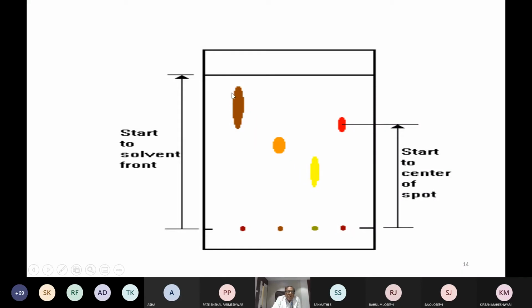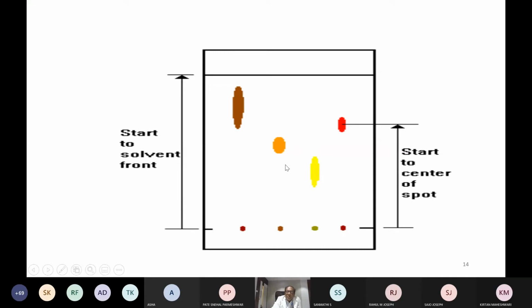Since your topic is amino acids only, we will refer to them as amino acids. They start moving from this part and get fixed, and they can be converted into visible spots by dipping the paper in ninhydrin solution.